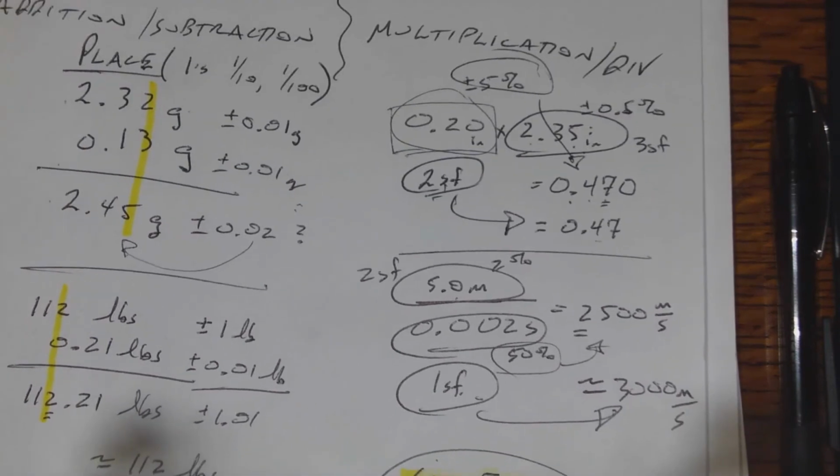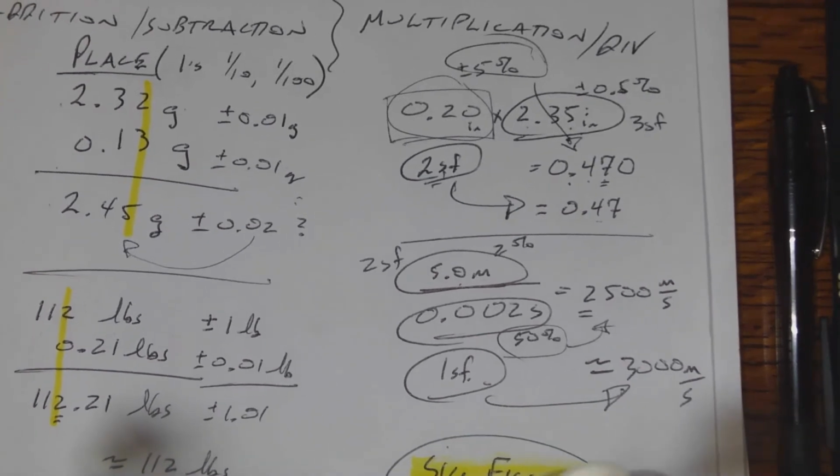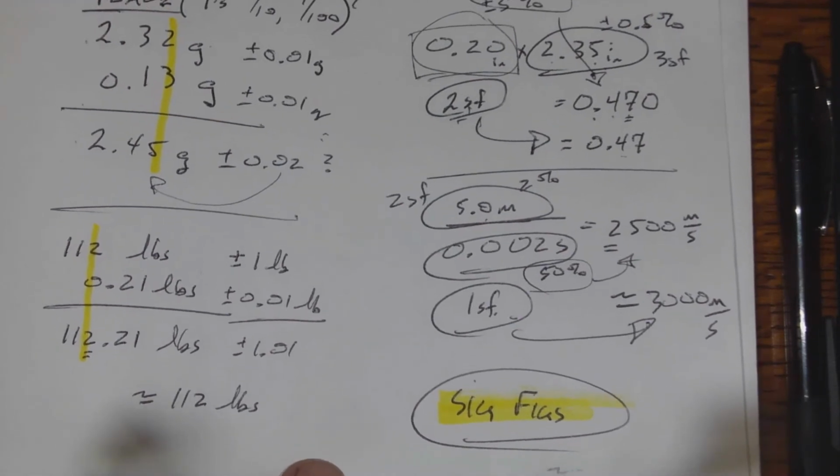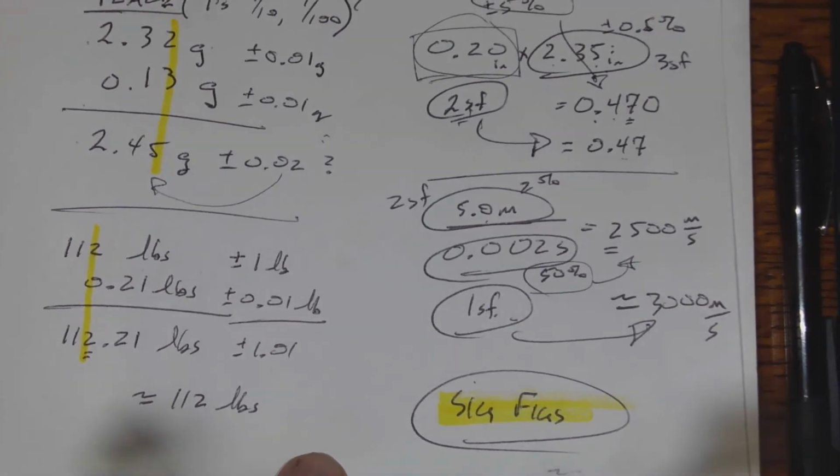Anyway, sometimes you will not appreciate the correct use of the calculation, and yet you still get the right answer because coincidentally the least precise number also had the least number of SigFigs. So there you go.